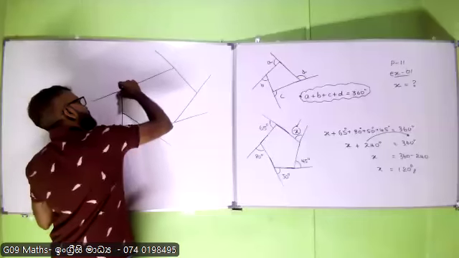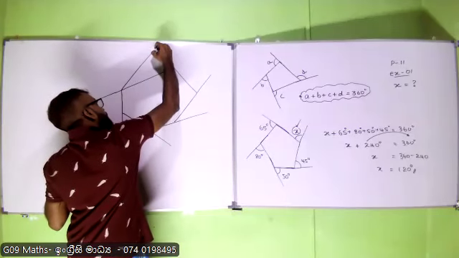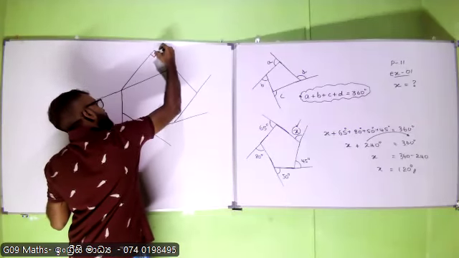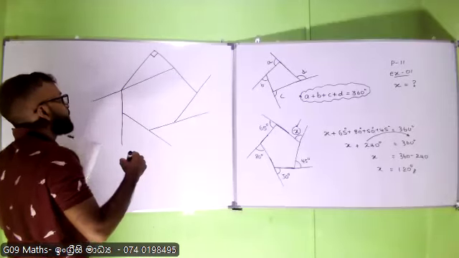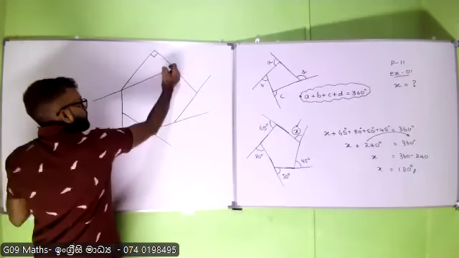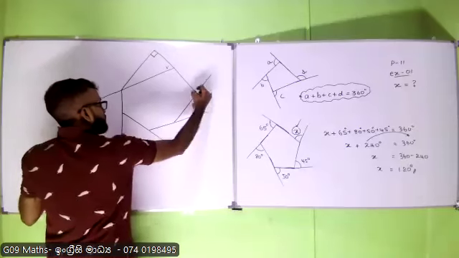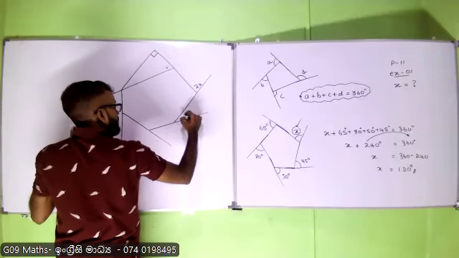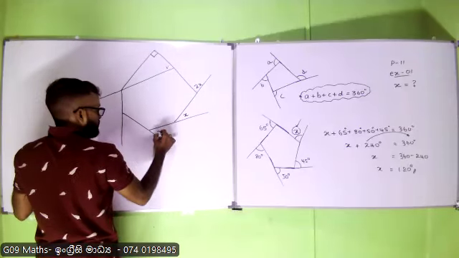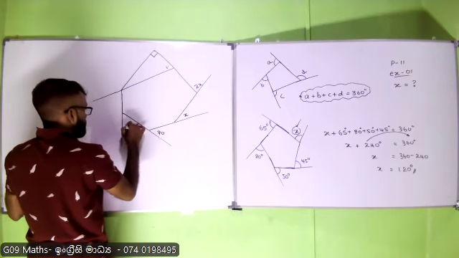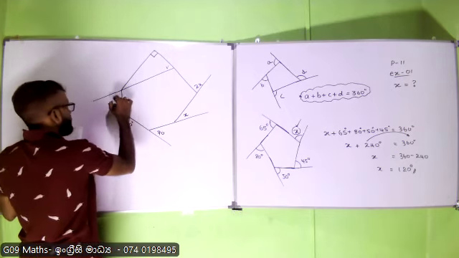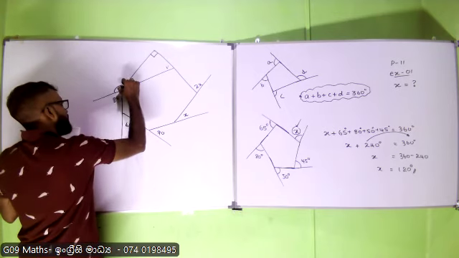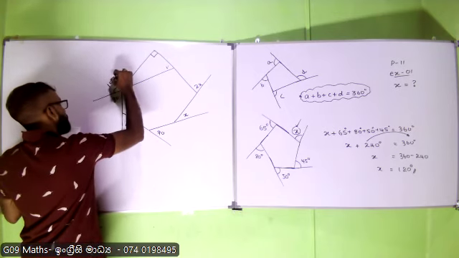This is the right angle triangle on the top. Here, this is 90 degrees, so it would become a right angle. This is for v. This is 2x and this is x. This is 70 degrees, 60 degrees, and this is 80 degrees. And this angle is 150 degrees.